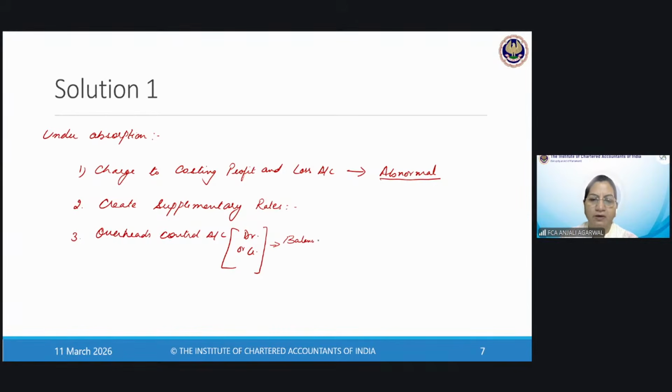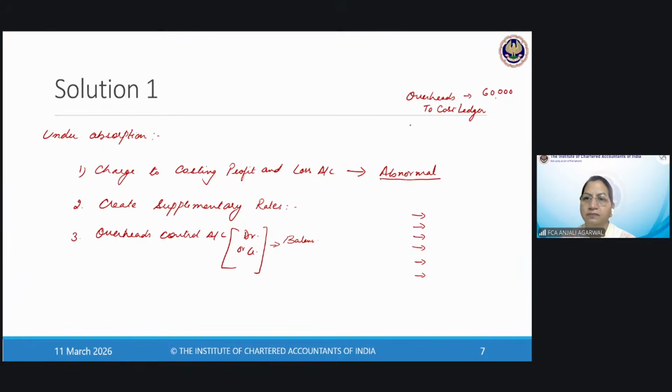Okay. Now, if you are seeing that there is under absorption, what will be your journal entries? Your journal entries would be overheads to bank, let's say when you have made the payment, or overheads to cost ledger control account if you are following non-integrated. So overheads were 60,000, for example, in this case.